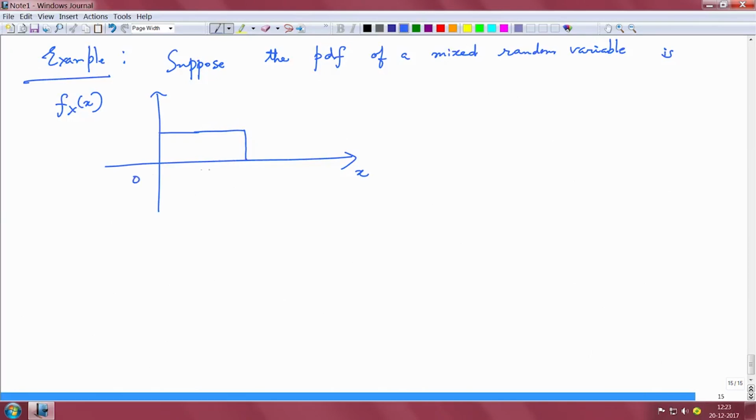This is uniform from 0 to 5. There is a height, some k that I do not know, right. At 2, I have a mass, an impulse, of height 0.2. This is 0.2 delta(x minus 2), and at 4, I have another impulse, which is 0.3 delta(x minus 4).